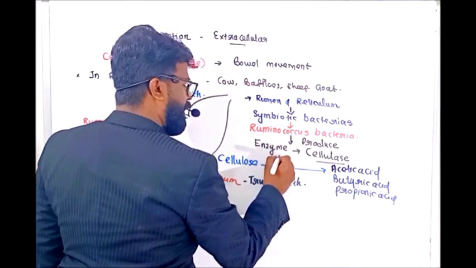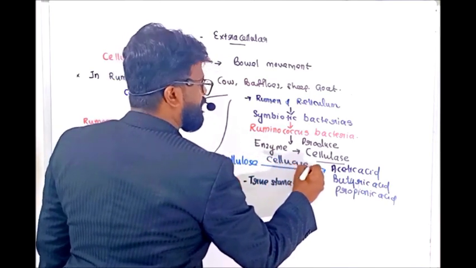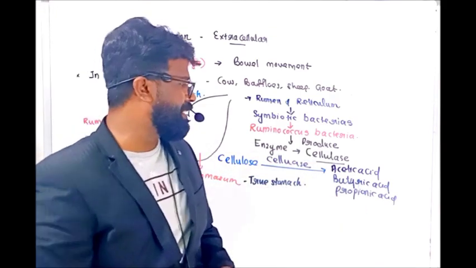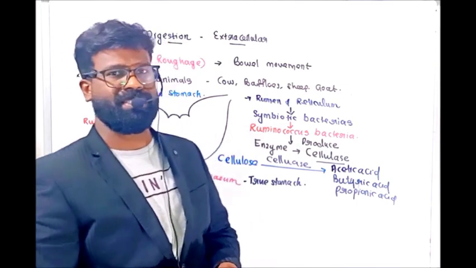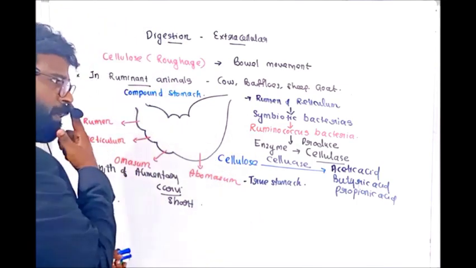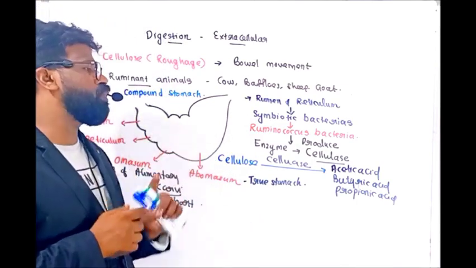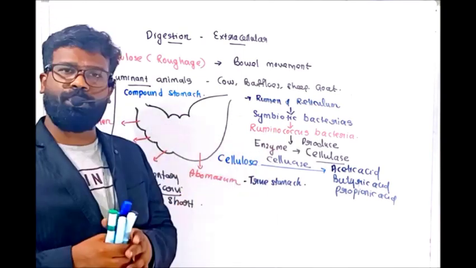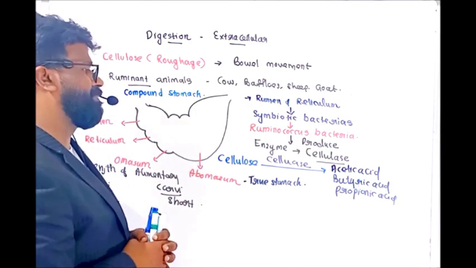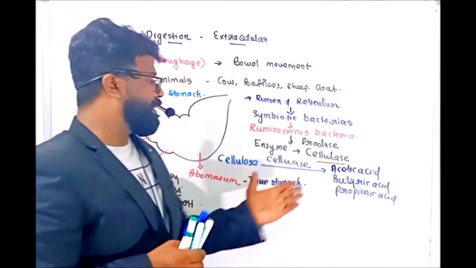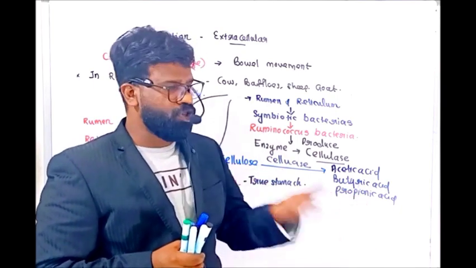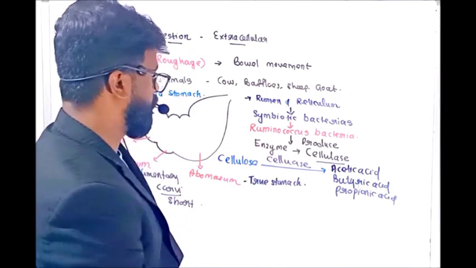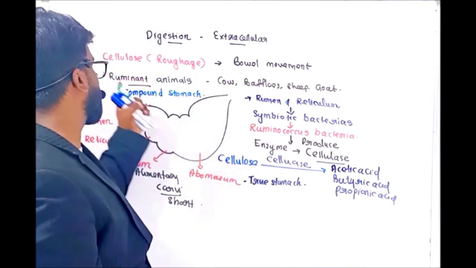So in these herbivores, in these ruminants, the cellulose is hydrolyzed to acetic acid, butyric acid and propionic acid. Here the cellulose digestion takes place in the compound stomach with the help of the bacteria inhabiting the rumen and reticulum, called Ruminococcus bacteria. And after digestion these acetic acid and butyric acid get absorbed by the small intestine. This is the cellulose digestion in ruminant animals.